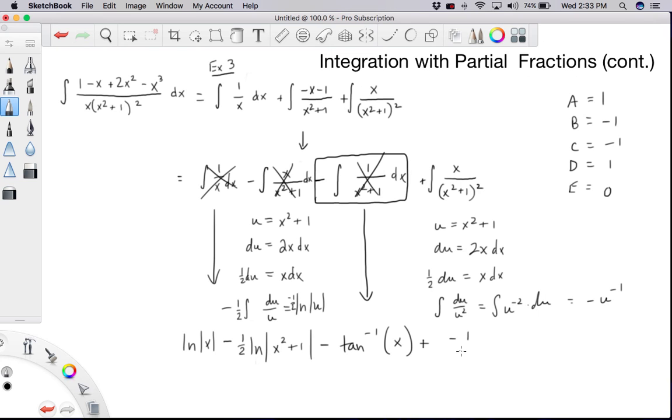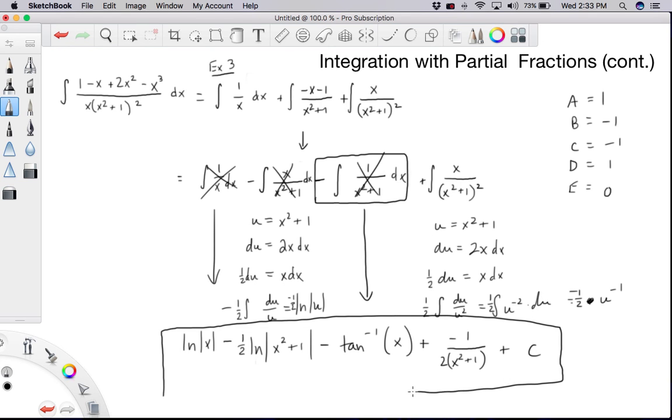So this is going to be negative 1 over x squared plus 1. Oh, I lied a little bit. There should be a 1/2 out here. I'm so sorry. 1/2. And this should be negative 1/2. Okay, so there's going to be a 2 right there. And then plus an arbitrary constant, which I will call c. And finally, this is the answer.